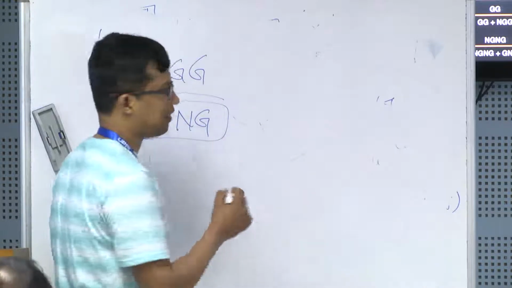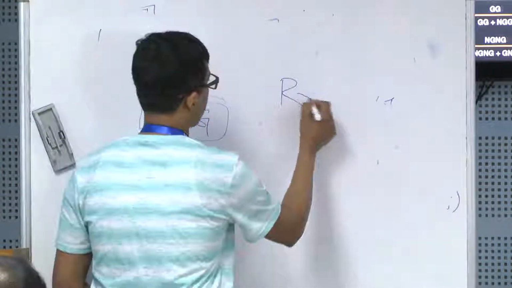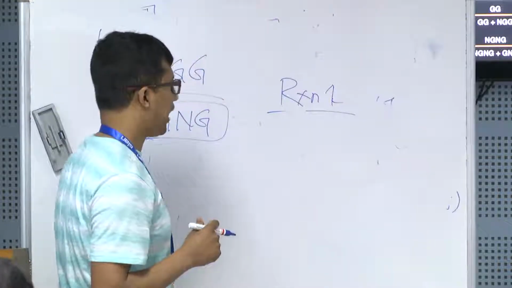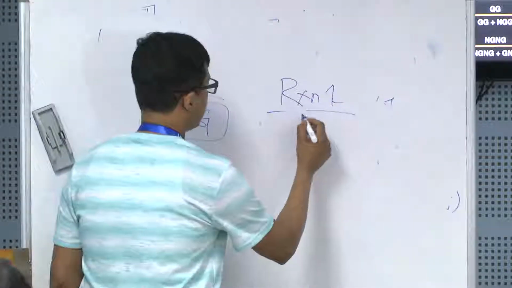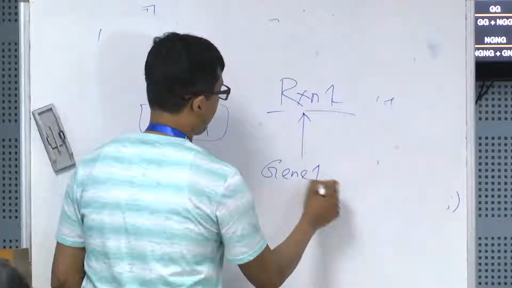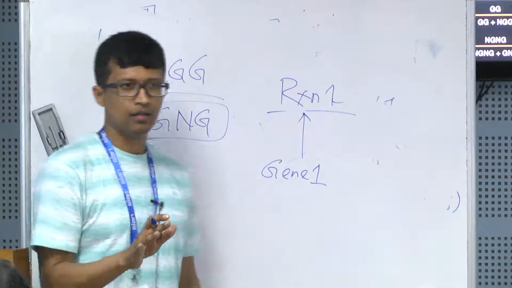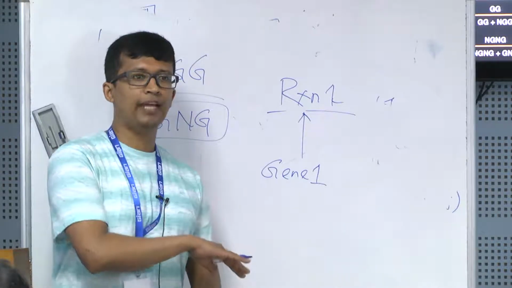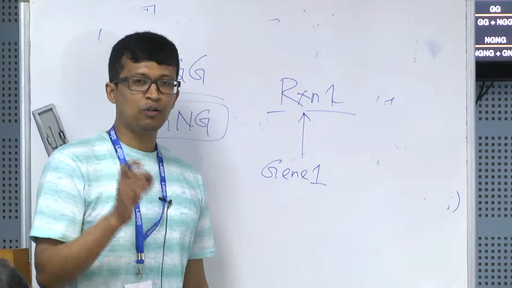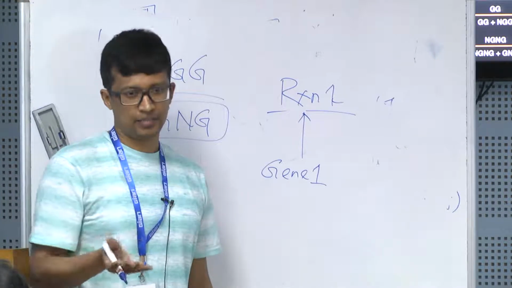So, let us say we have a reaction, and we know that in this reaction we have gene 1, plain and simple, right? We could not find any other alternate pathways, so we could not fix the NGG case.